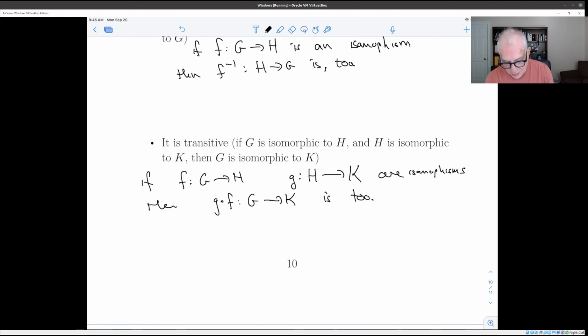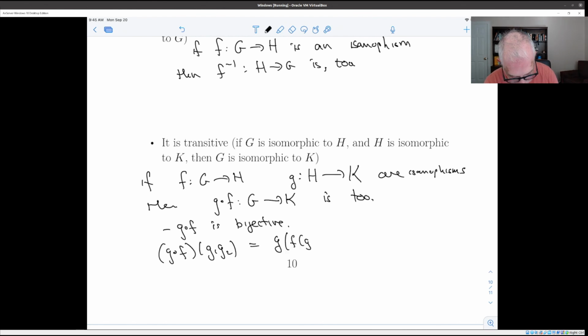And for that, we know that it's bijective. That's a 2710 fact. If both of these maps F and g are bijective, then g composed with F is bijective. And if we want to check g composed with F of g1 times g2, that's g of F of g1 g2, which is g of F of g1 times F of g2.